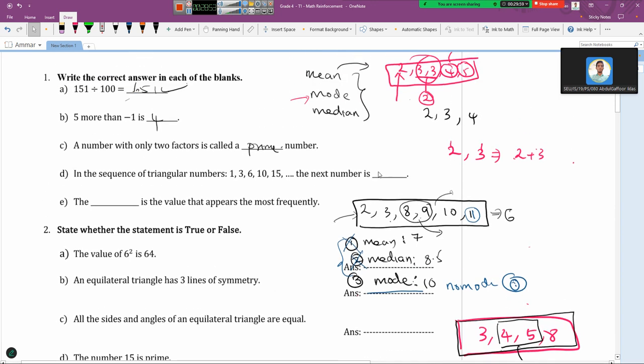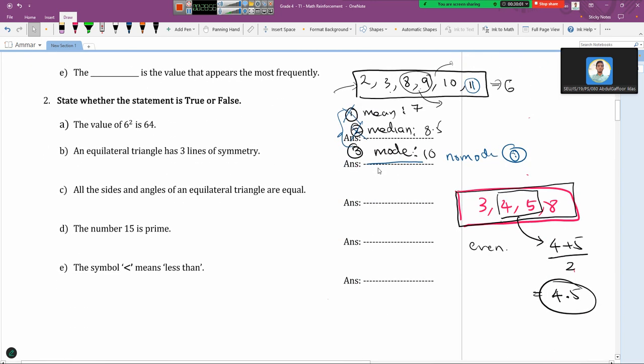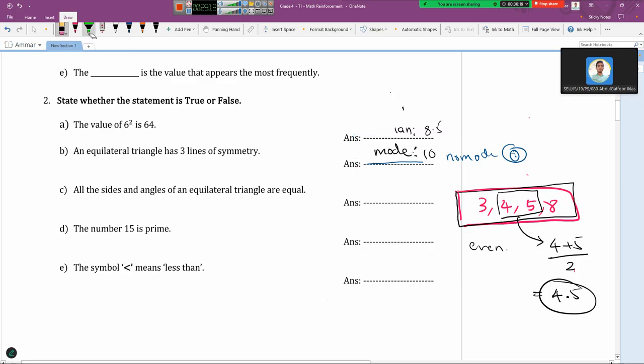Okay. Now, second one. State whether the statement is true or false. What about the first one? False. The value of 6 square is 64. Is that false or true? False.